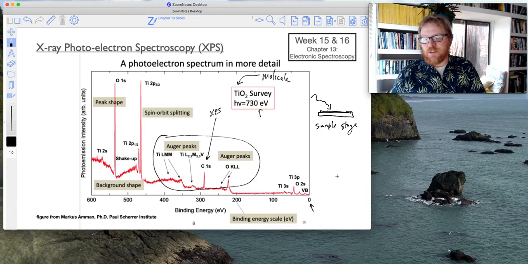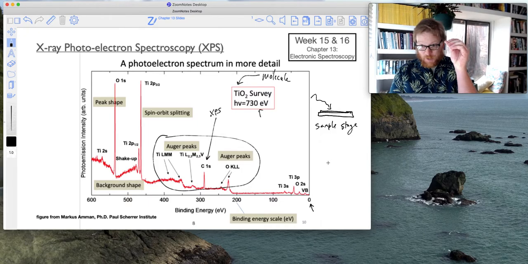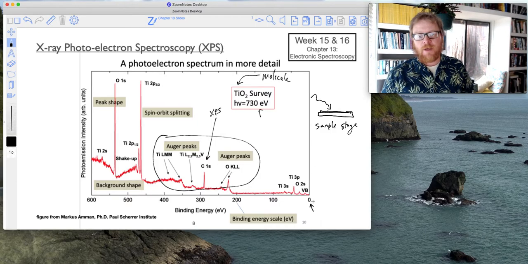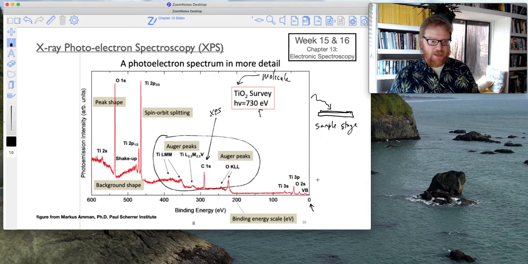So XPS, as we said, is really, really sensitive. It could also be carbon contamination from someone's fingers, right? So this is a really, really sensitive technique.